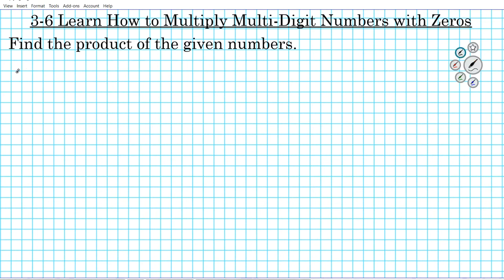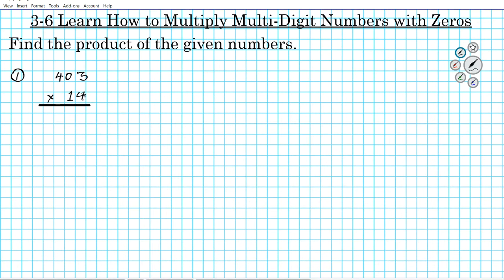For question number 1, what if we were to find the product of 403 and 14? Alright, notice this multi-digit number, the multiplier, has a 0 in between it, so we want to pay close attention to what happens when we're multiplying. So we're going to follow the same standard multiplication algorithm that we used in previous presentations.